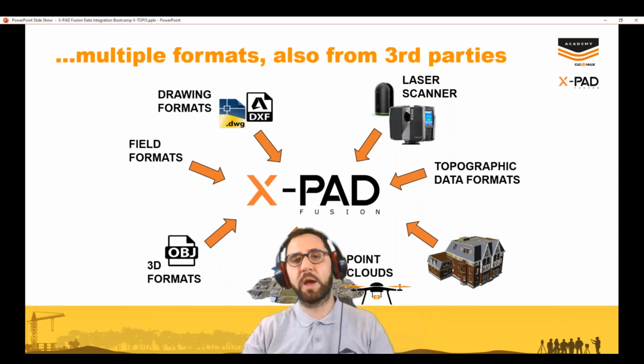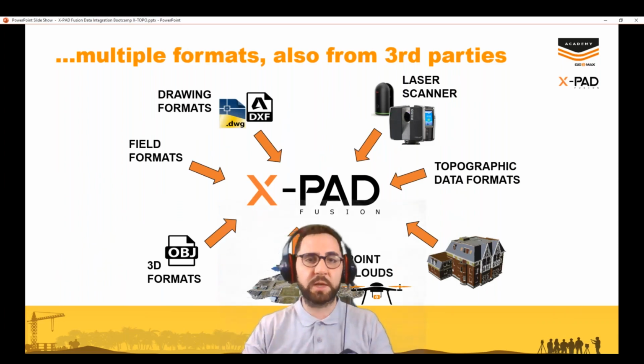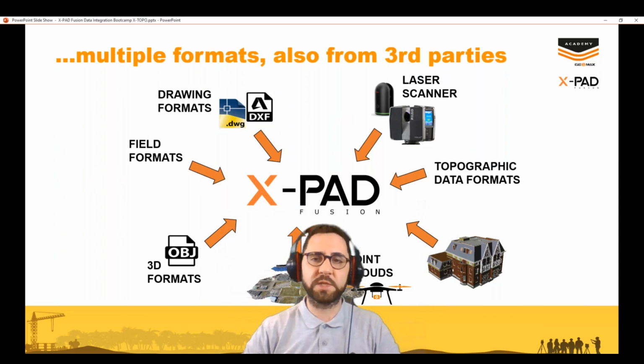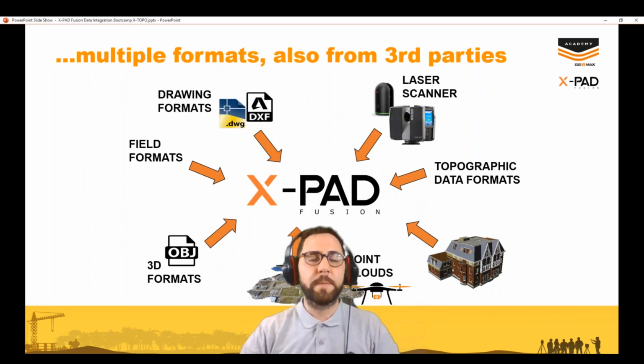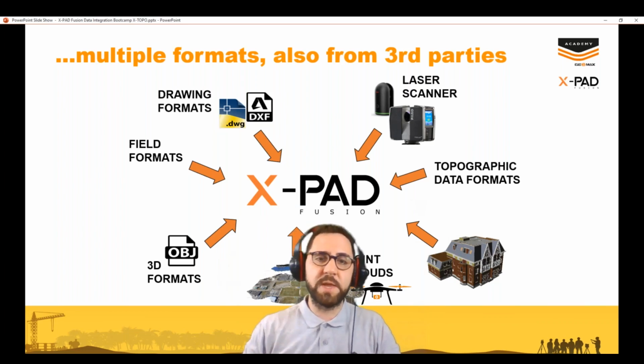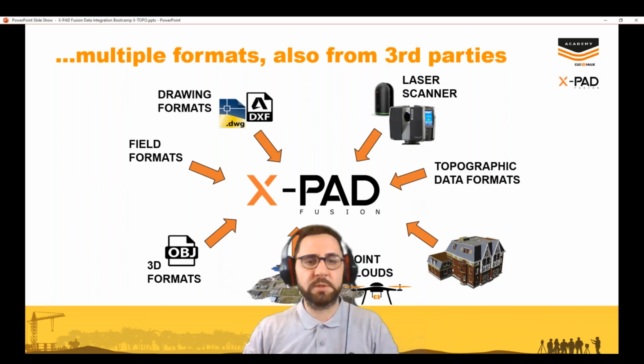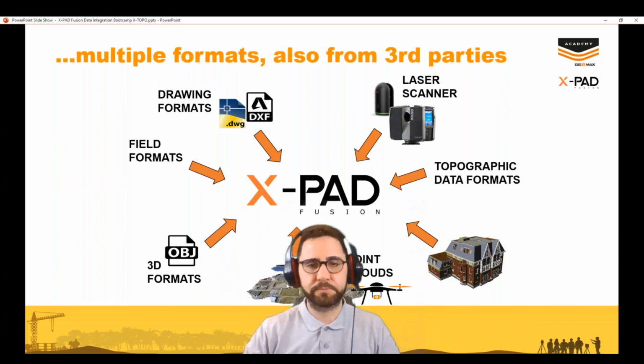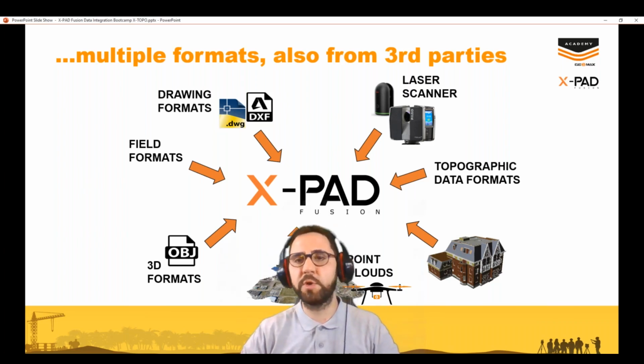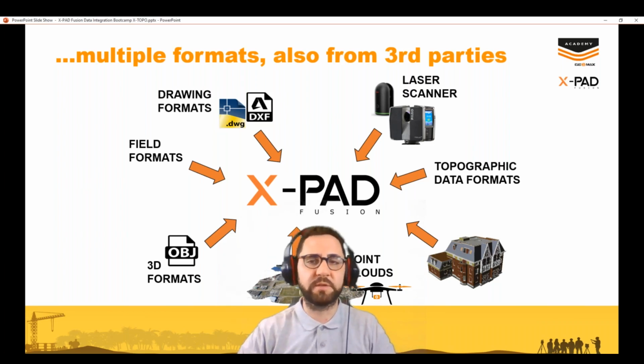Not only from the GeoMax basket, but on Fusion we can import also drawing formats, field formats from different brands, laser scanning data from different brands, topographic data formats, BIM files, point clouds, but also 3D formats. So it's a really unique solution to manage all the data in the same interface, in the same graphic area.